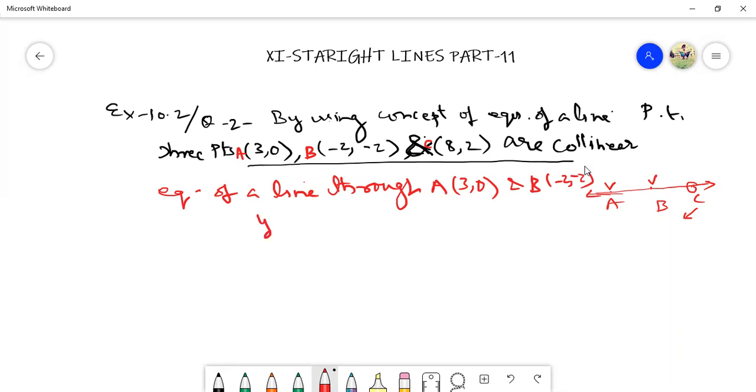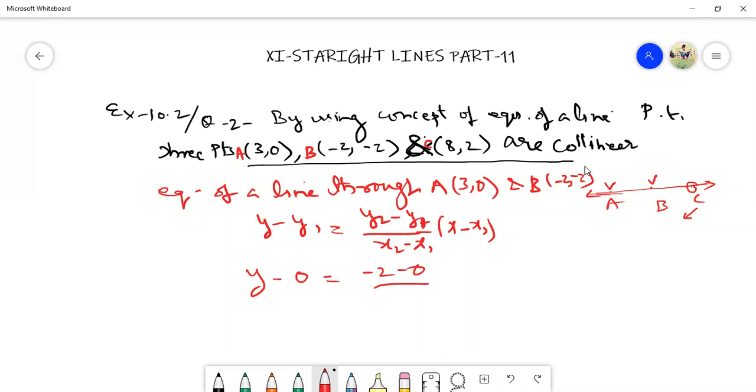So the equation is: y minus y1 equals y2 minus y1 upon x2 minus x1, into x minus x1. Here x1, y1 is (3, 0), y2 minus y1 is -2 minus 0, x2 minus x1 is -2 minus 3, x minus 3.